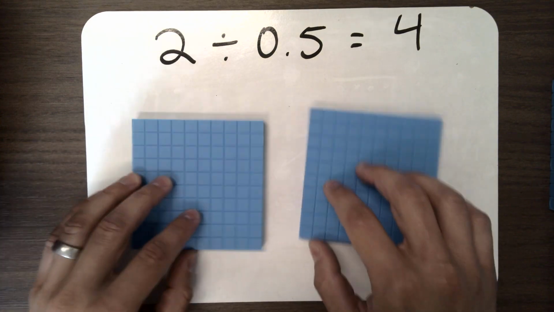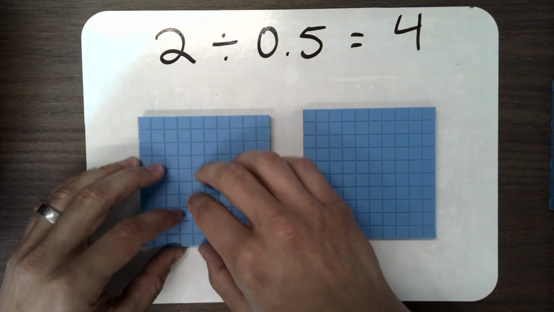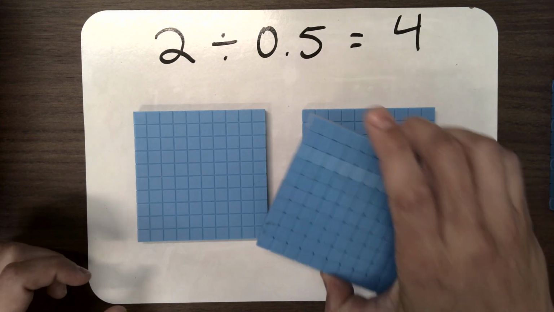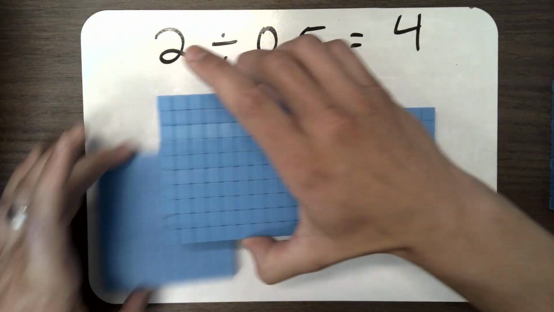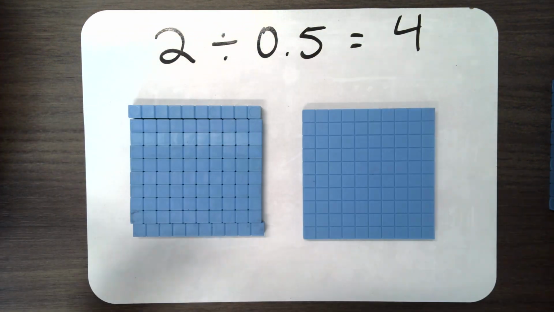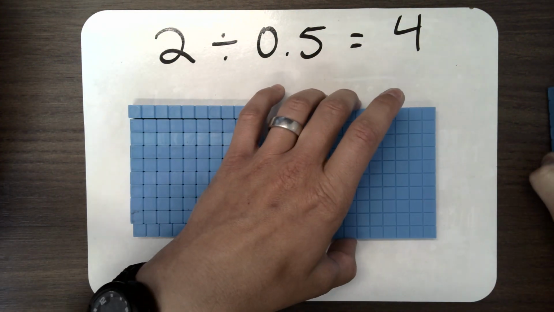Since we just have these 2, we can't create groups with 5/10 with these solid objects. So I'm going to exchange or regroup these into 10/10. It's the same quantity as 1, but this will allow us to break the model up.